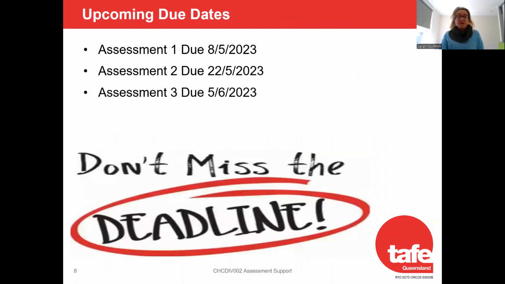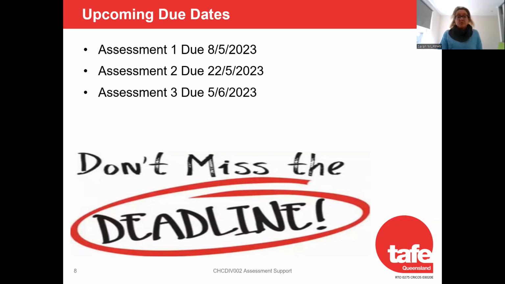Okay, and we'll just recap the importance of these due dates. So yesterday, the 8th of May, assessment task 1 was due. So hopefully you've all got that in. If not, get it in today. Assessment 2, and if there are any issues, just reach out to us for support.